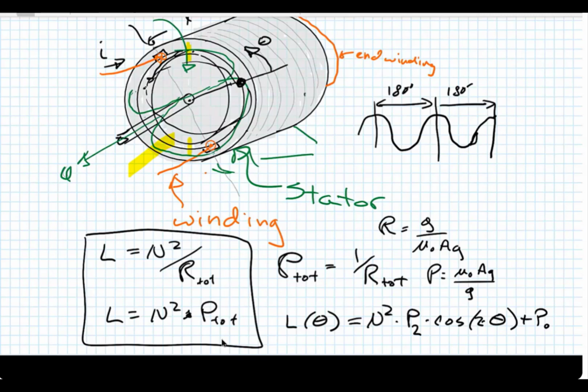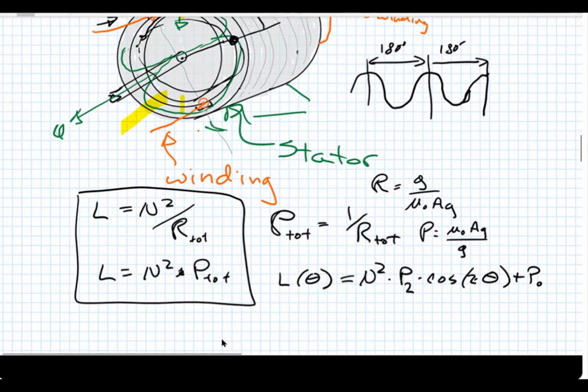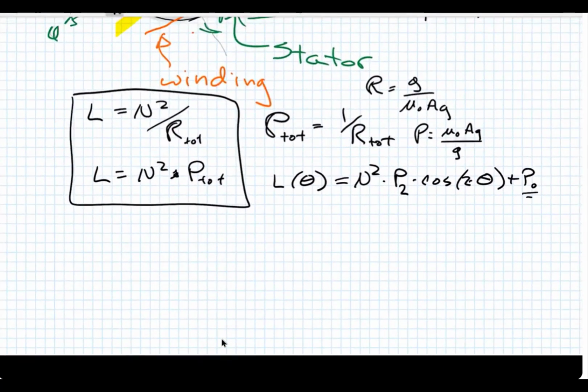So there has to be some averaged, effectively constant inductance here, and that's what this is times the N squared. So I have an inductance that is equal to some L naught associated to this P naught, plus some L2 associated to this P2 here, cosine 2 theta.